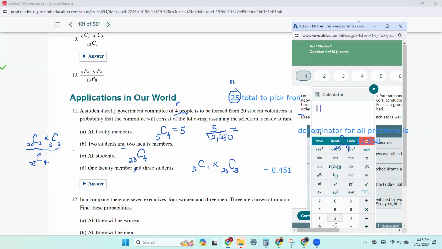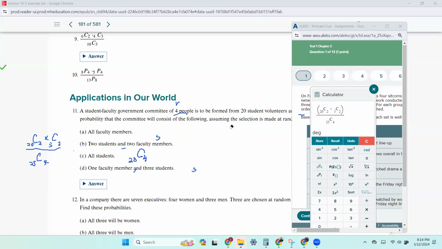So it's 20C2 times 5C2 divided by 25C4. So again, let me just explain this.